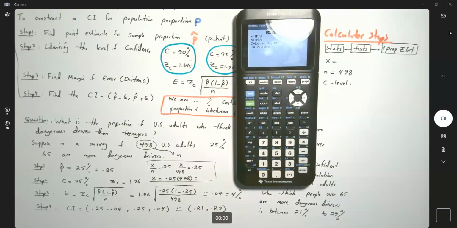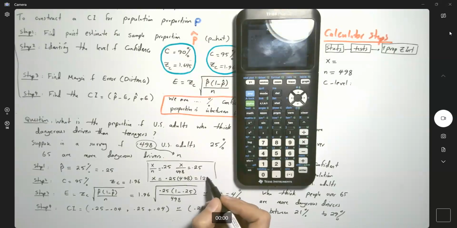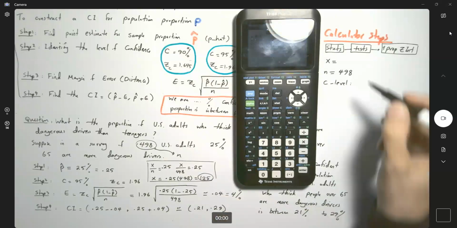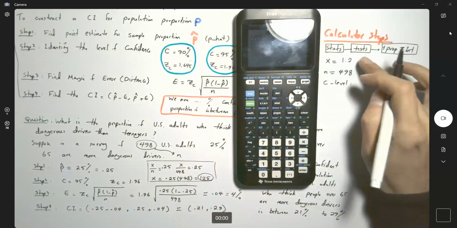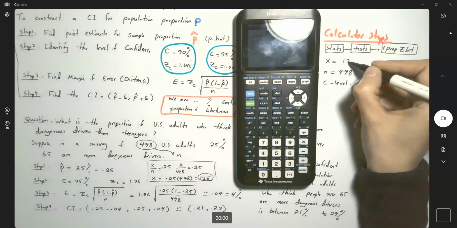So let us do the multiplication here. 0.25 times 498. Well, I get 125. 125 is the X value that you're going to enter here.